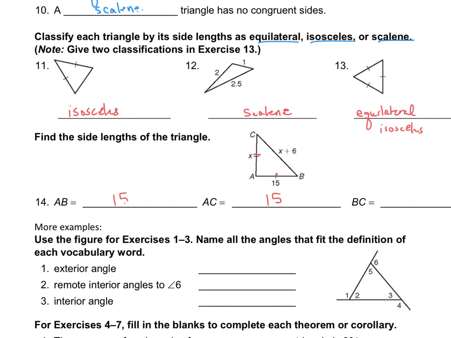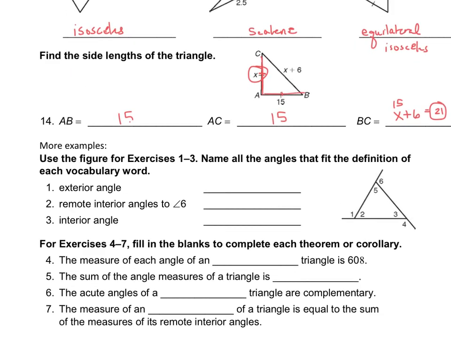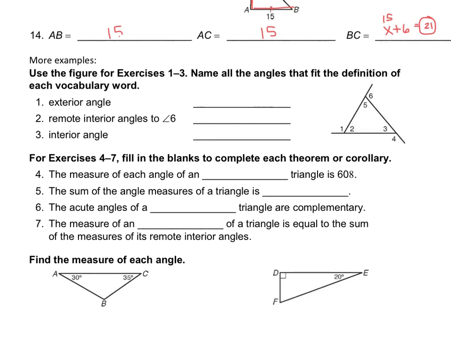Now this one, we just know it as x plus 6. But remember, I said I knew that this was 15 because this is 15. So x is 15, so this is going to be 15 plus 6. So this is really 21. So I knew that one. Okay, we're going to stop right there because the rest of these are pretty much the same. You're just going to fill in some words.